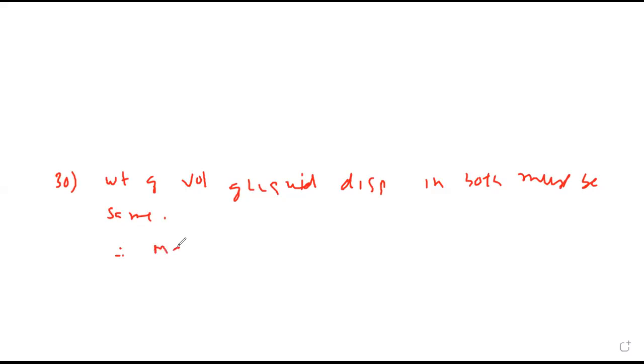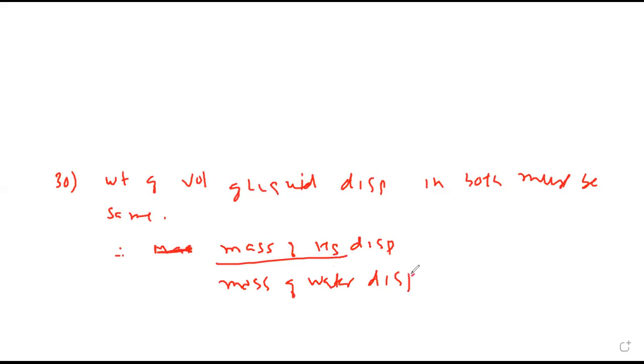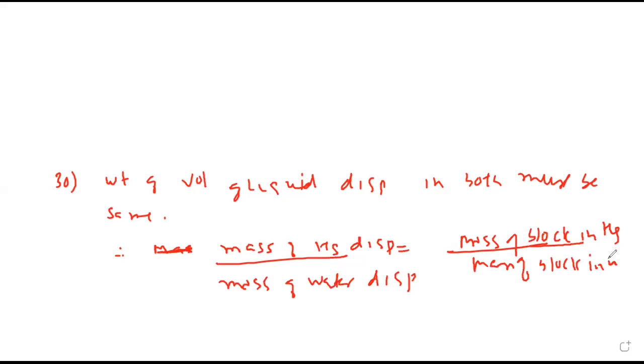Weight is same. So we can say M, mass of mercury displaced upon mass of water displaced, I directly took ratio, will be equal to mass of block in mercury upon mass of block in water.